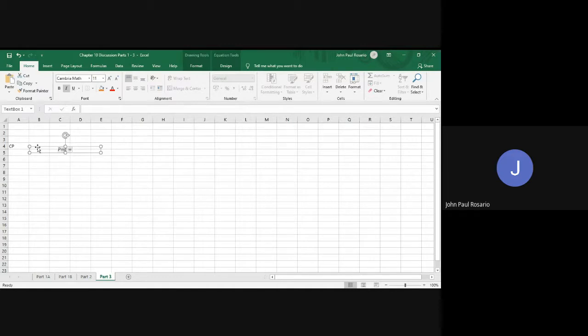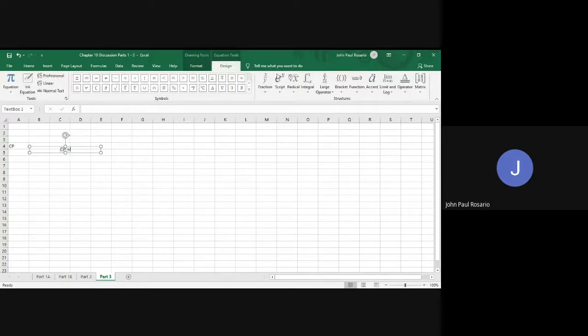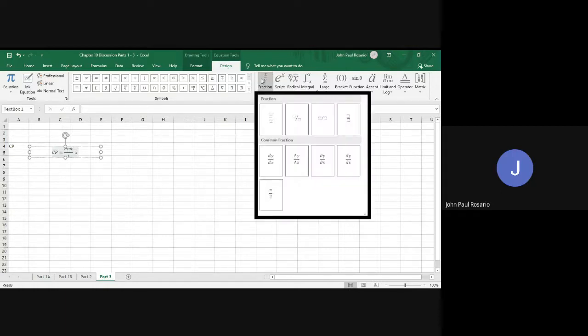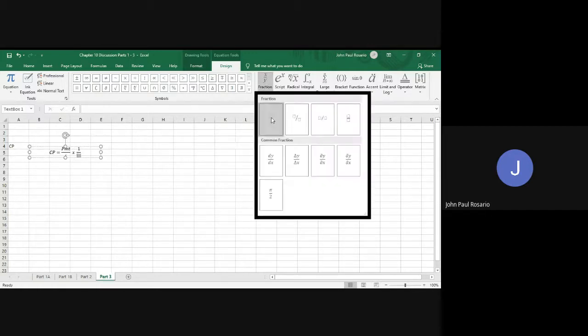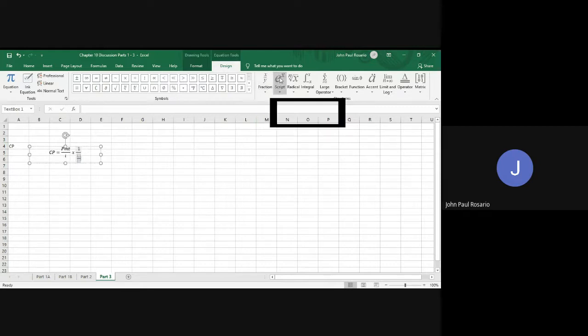Complex perpetuity is equal to payment over I, and then it's multiplied by the fraction 1 over another fraction, and we start with this one.